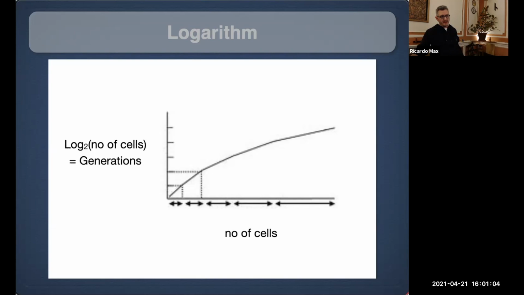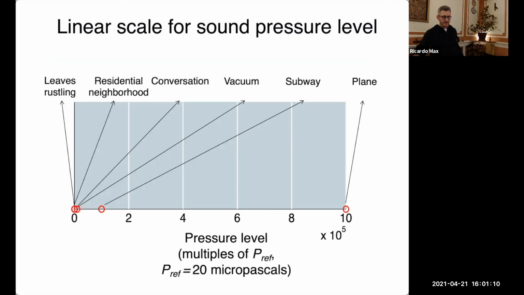Okay? And that's much more comfortable for us to visualize. So sound pressure, we have this same problem.